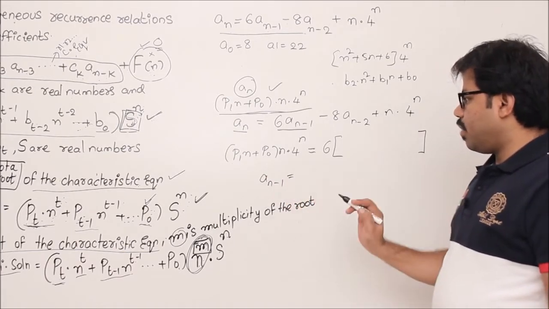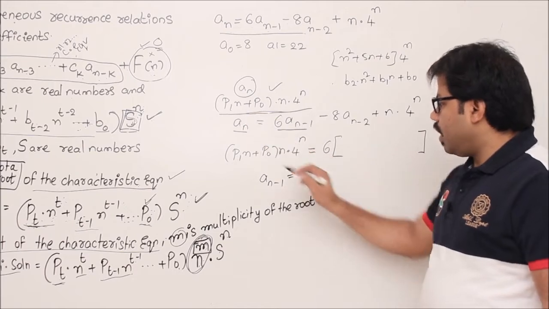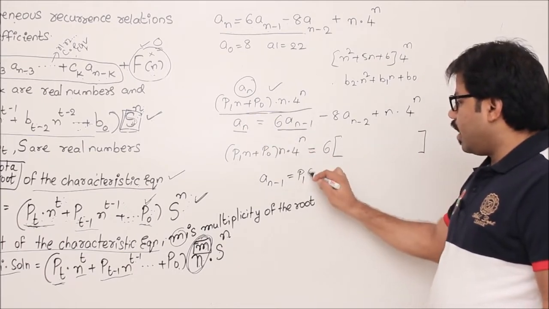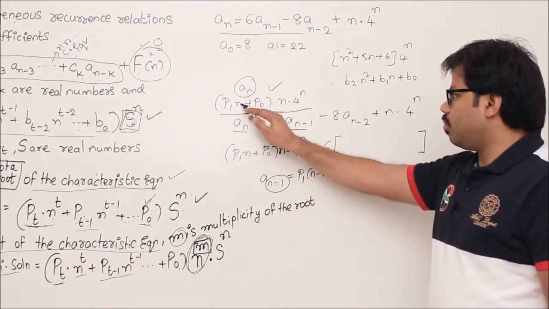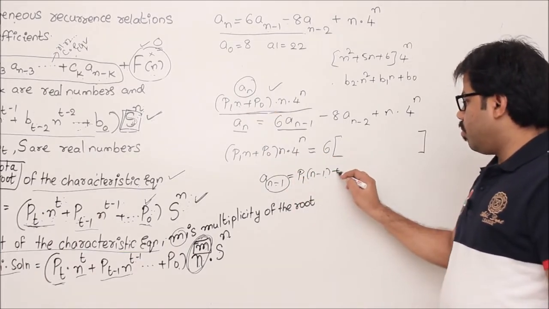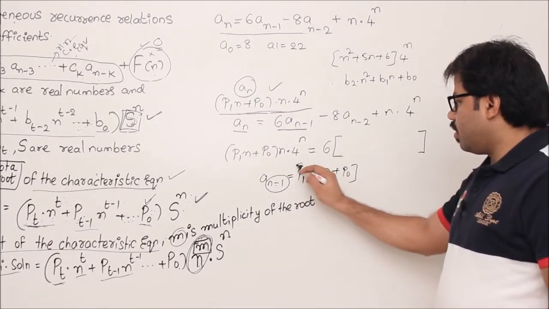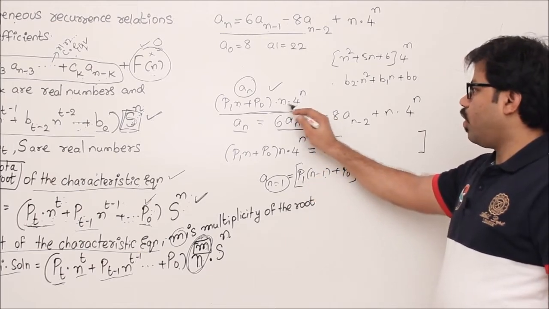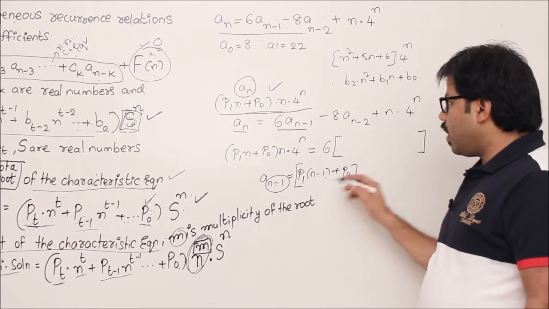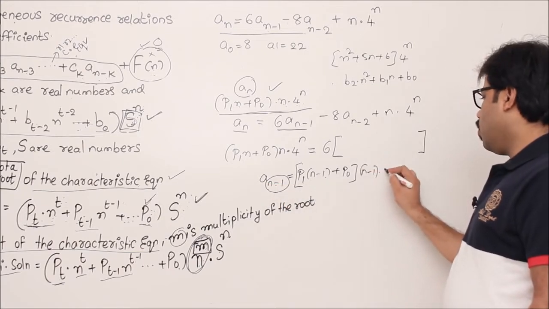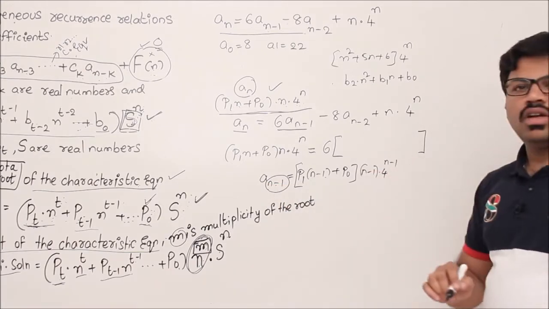Particular solution for an minus 1 is p1 into n minus 1, because in the place of n you should write n minus 1, plus p naught, into n into 4 power n is for the particular solution of an. Then for the particular solution of an minus 1 it would become n minus 1 into 4 power n minus 1. Let me copy that.